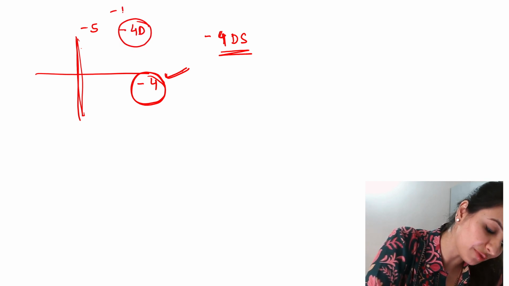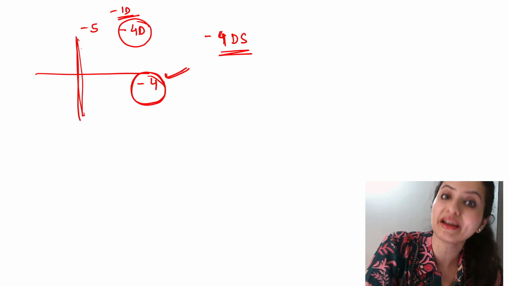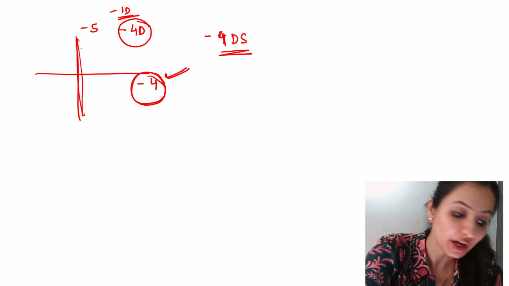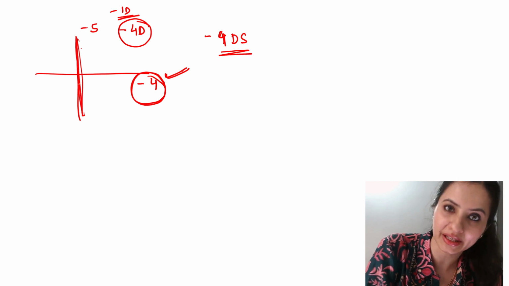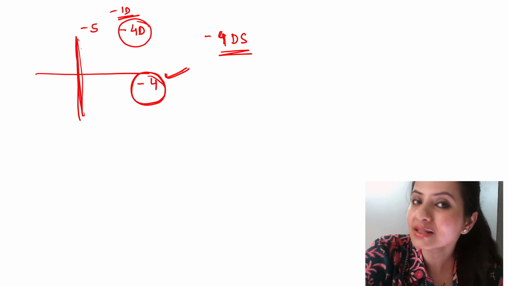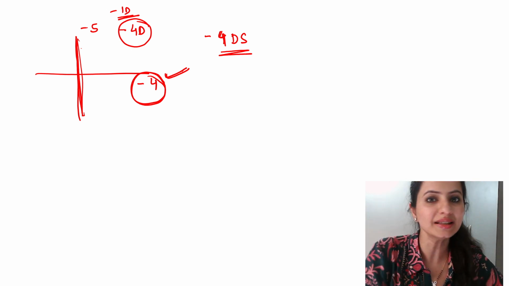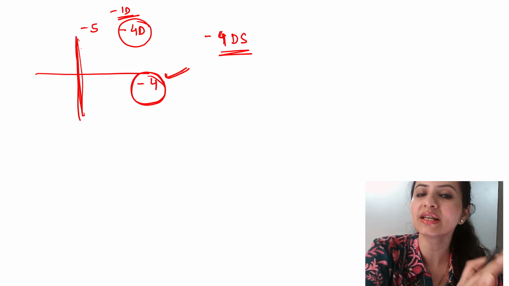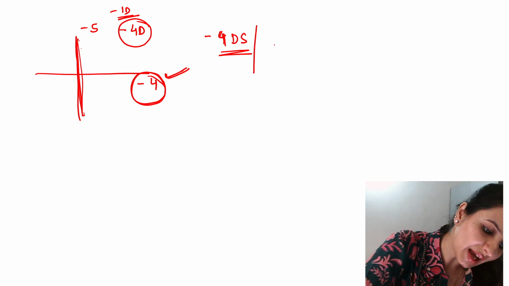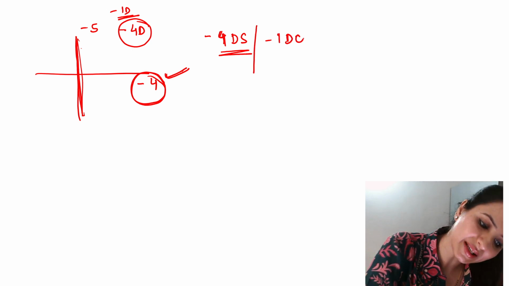But -1 diopter will still be left. That means we will have to prescribe it only for the vertical meridian. Okay, so it will be prescribed as a cylinder. Since we know that sphere acts at 360 degree, and your cylinder acts along a particular axis, right? So can we write it as -1 diopter cylinder?